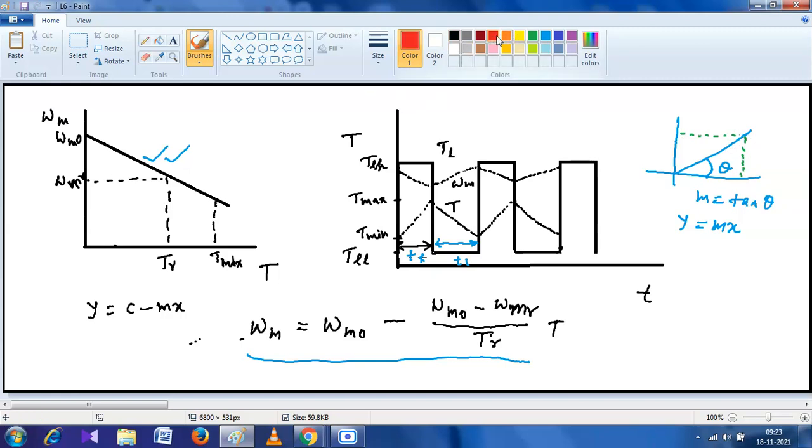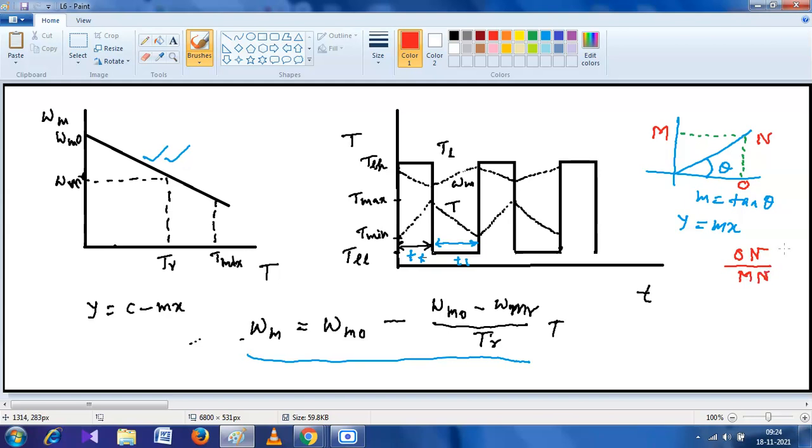Suppose this point is A, this is M, this is N, and this point is O. Now tell me the value of tan theta here. Perpendicular upon base, that is ON upon MN.